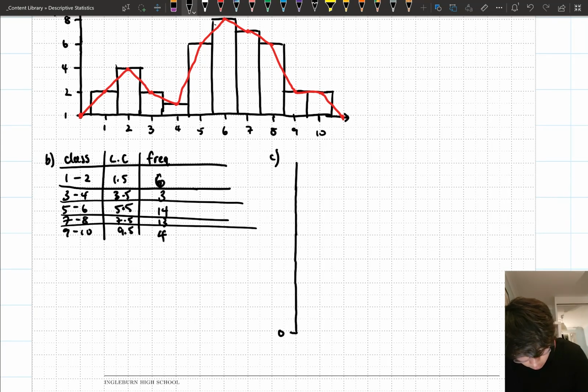So here I've got 0, 2, 4, 6, 8, 10, 12, 14. I'm going to go a little bit higher just so I can leave some space above.